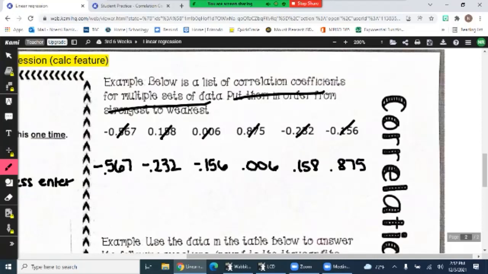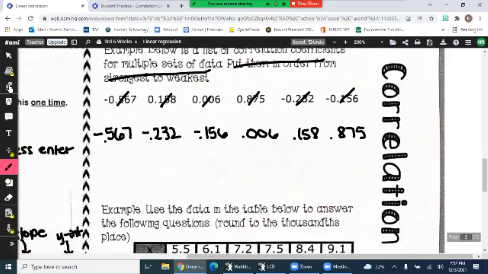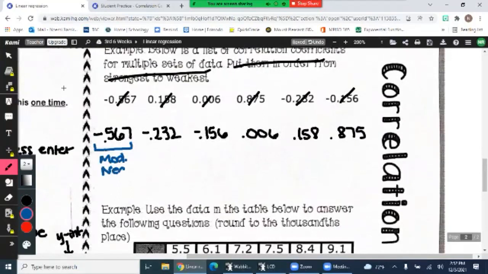Okay, just to quickly go back over the strength of each of these, negative 0.567 can be a category on its own. How can I describe negative 0.567? Moderate what? Moderate negative. What about negative 0.232 and negative 0.156? They're both considered weak, negative. 0.006 is on its own. What is that?